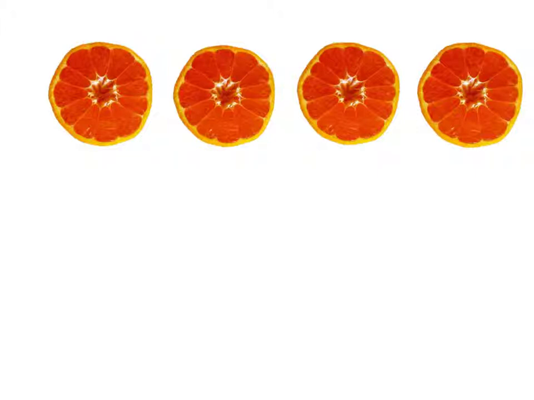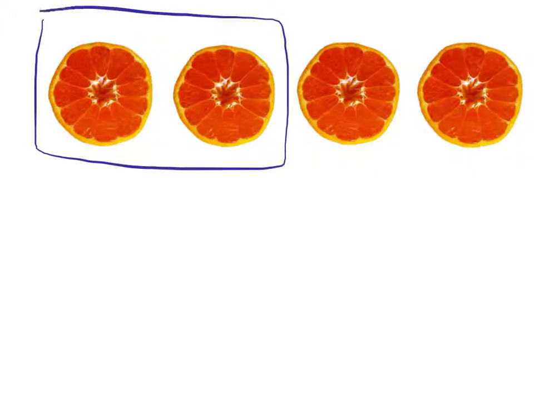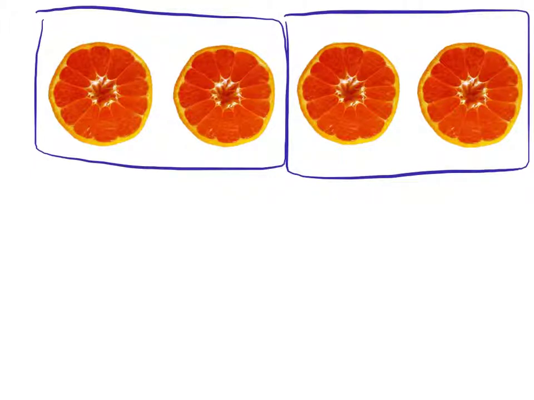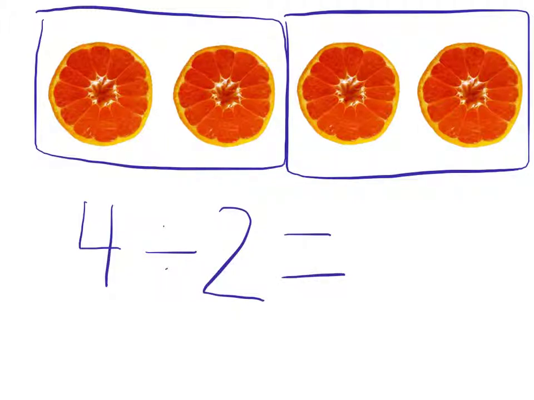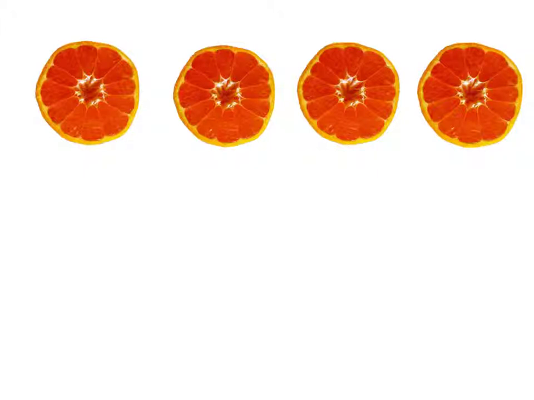Let's say grapefruit. Here's 1, 2, 3, 4 grapefruit. And we would want to divide them into groups of 2. Here's a group of 2. Here's a group of 2. So 4 divided by 2, ta-da, it equals 2. Okay, but you already knew that.